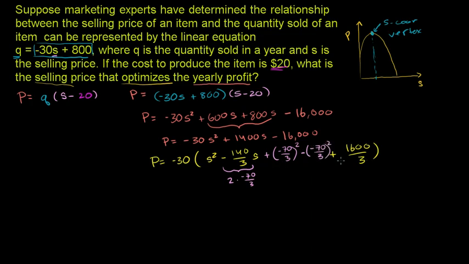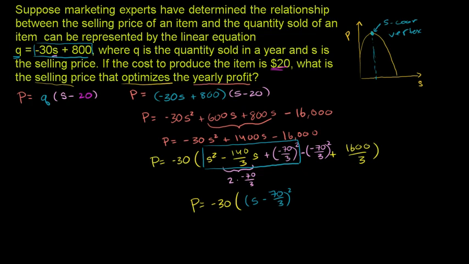So we really haven't changed the equation at all. We're just adding and subtracting the same thing. But what that allows us to do is make this into a perfect square trinomial. This is a perfect square trinomial, so we can rewrite our profit function. Our profit function is equal to negative 30 times this thing right here, which is a perfect square, it is s minus 70 over 3 squared.